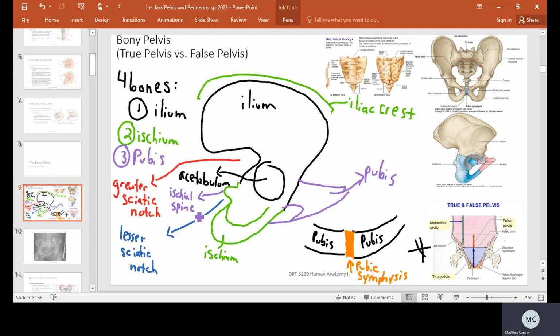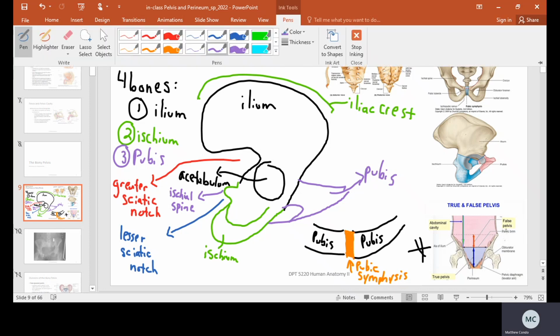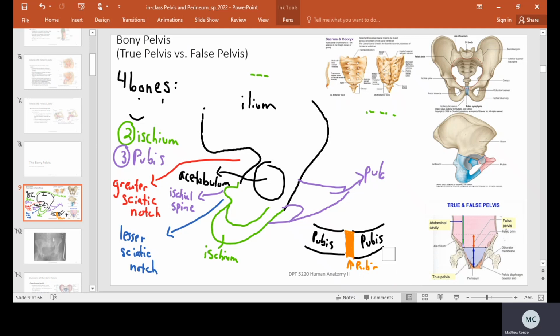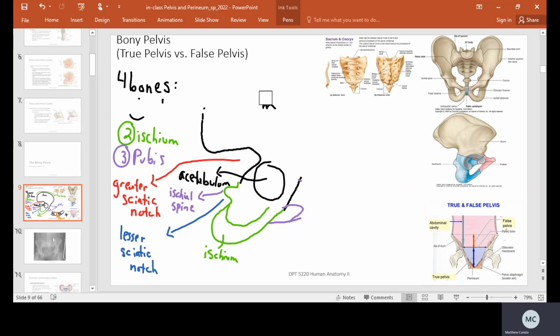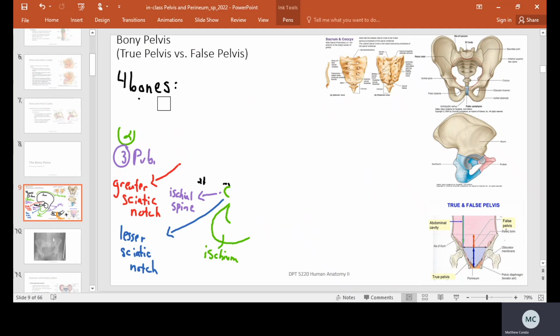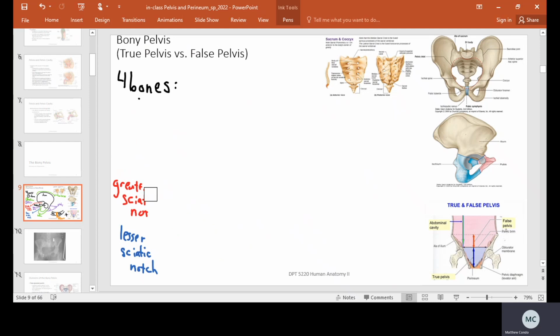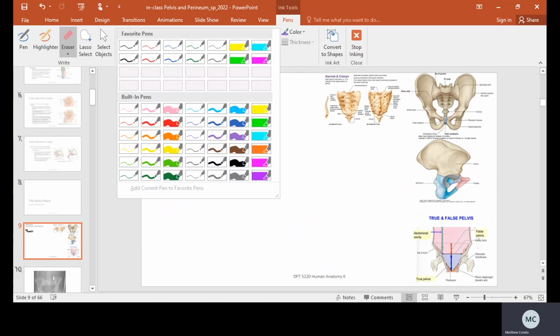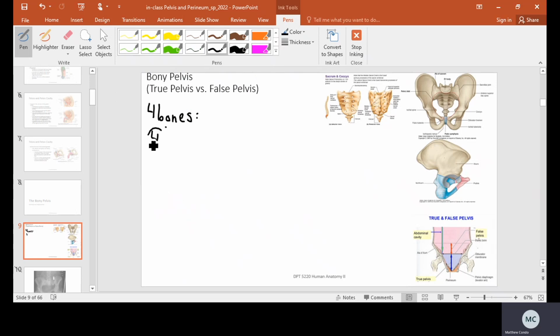Okay. The fourth bone we're going to encounter here is going to be my sacrum. Okay, so bone number 4 is going to be my sacrum.